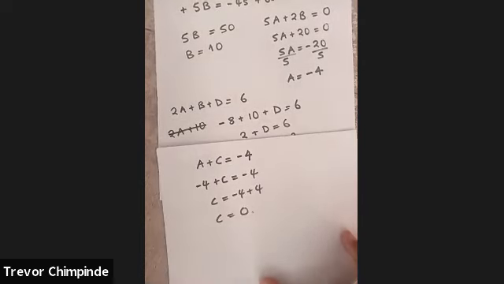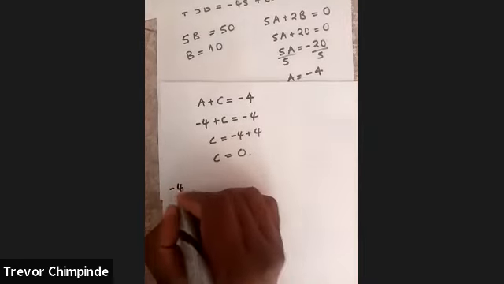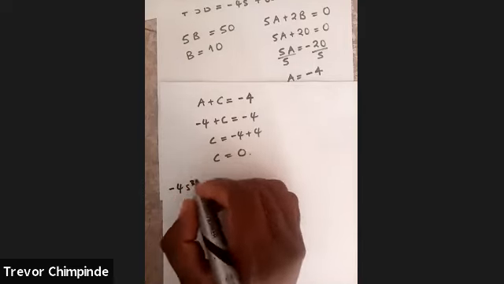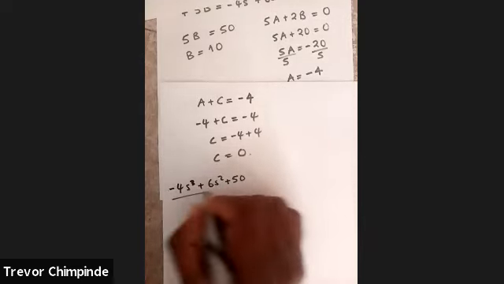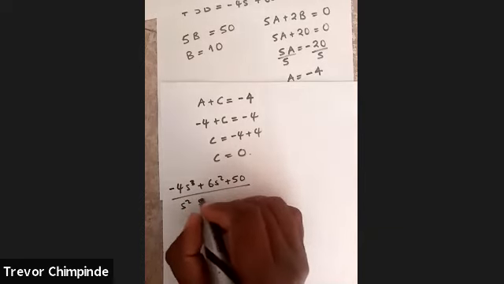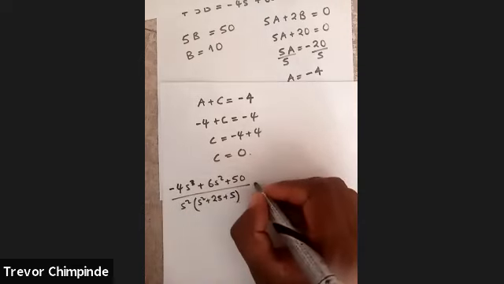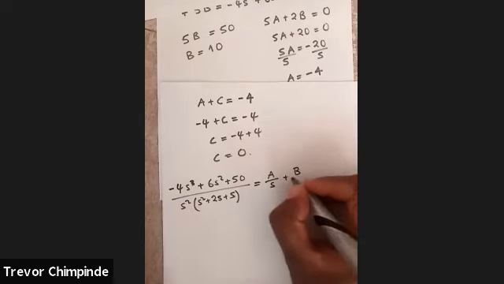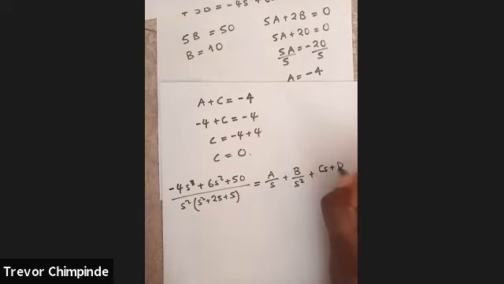So I go back and replace. What we had was negative 4s cubed plus 6s squared plus 50 over s squared plus 2s plus 5 is equal to A over s plus B over s squared, then plus Cs plus D over s squared plus 2s plus 5.